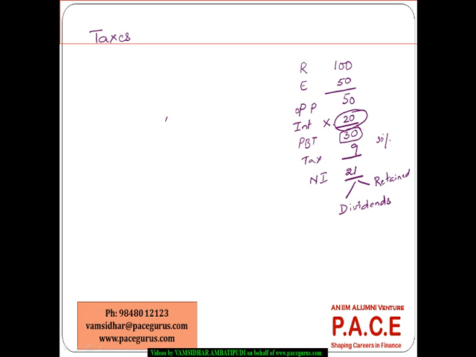However, if the interest portion was not there, the tax would have got applied on 50, which means 15 would be the tax. So because of this interest portion, there is a saving of tax of $6. And that 6 is nothing but the 20 into t. Tax rate is 30%. So 20 into 30%, which is 6. That is the kind of saving of tax that is coming up.